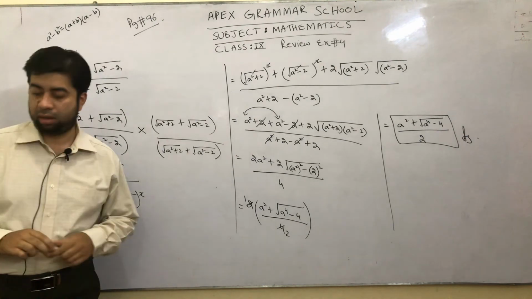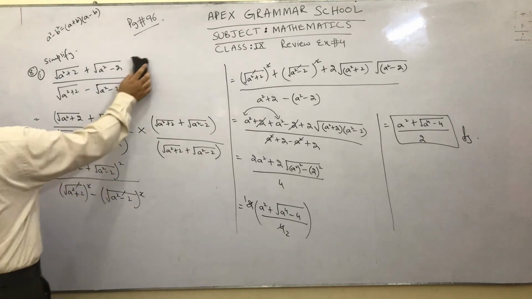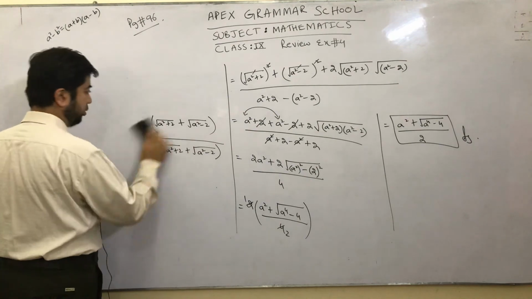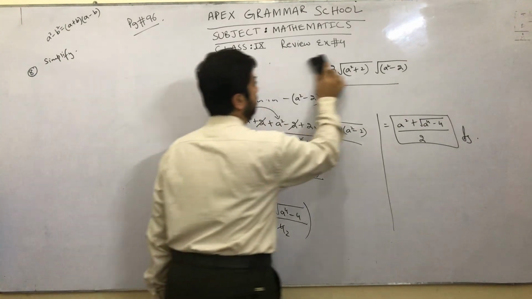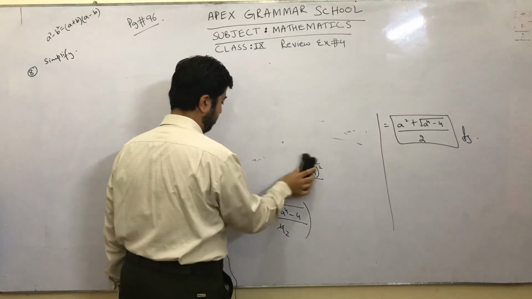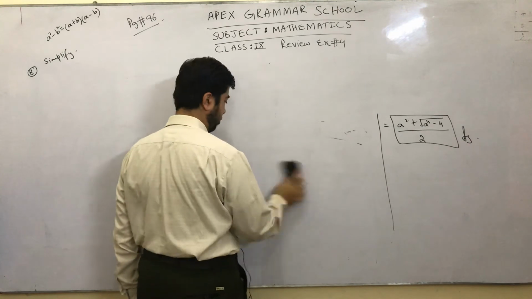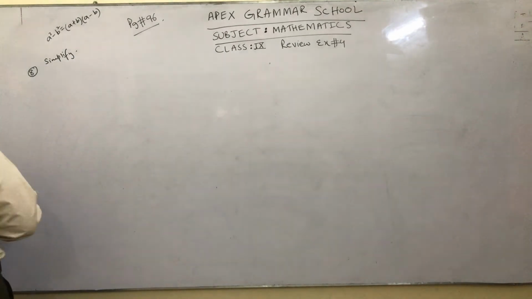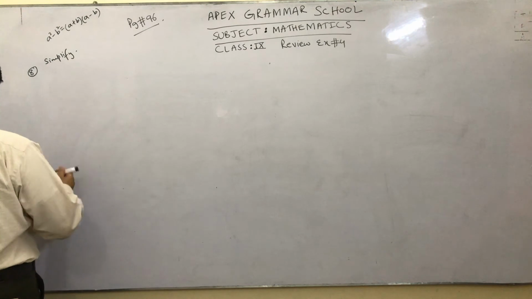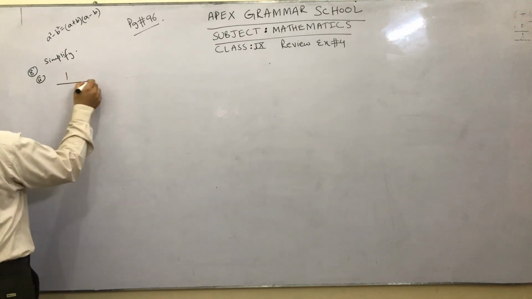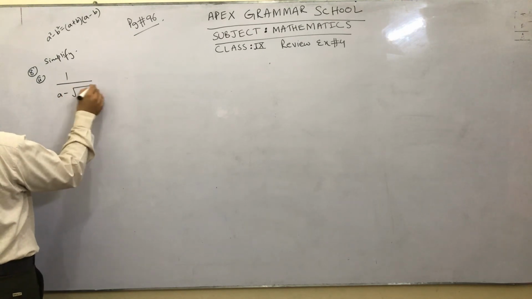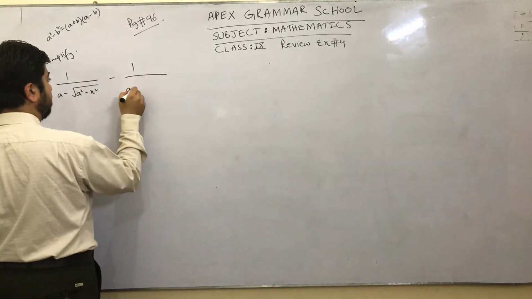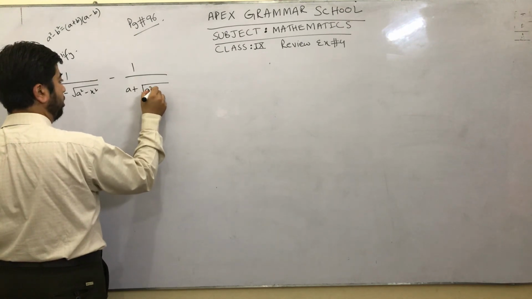This was part 1, and now we will solve part number 2. Part number 2 is 1 over a minus square root of a square minus x square, minus 1 over a plus square root of a square minus x square.